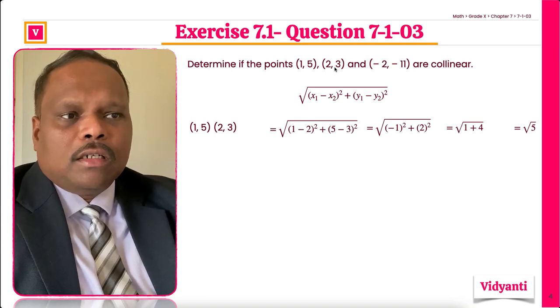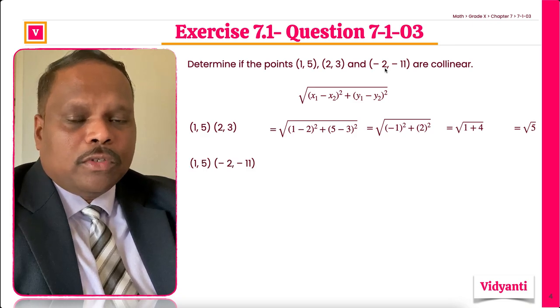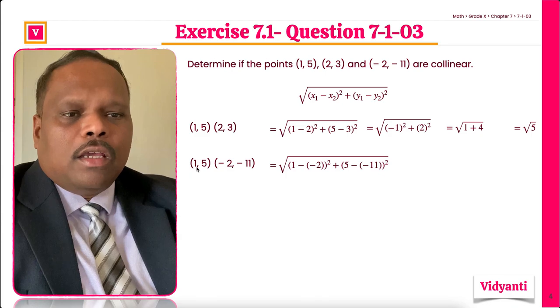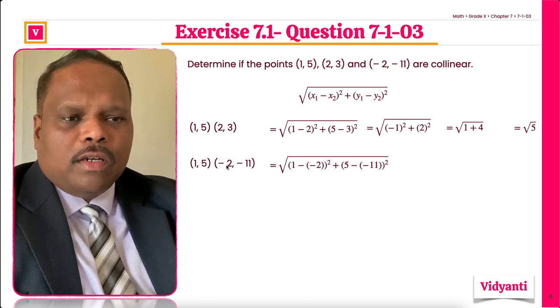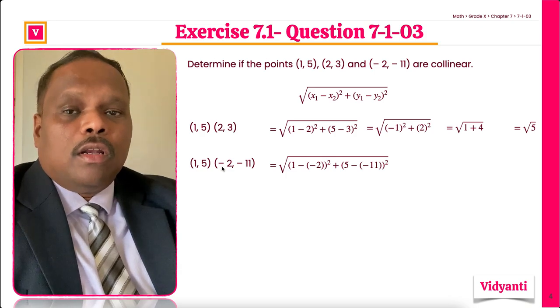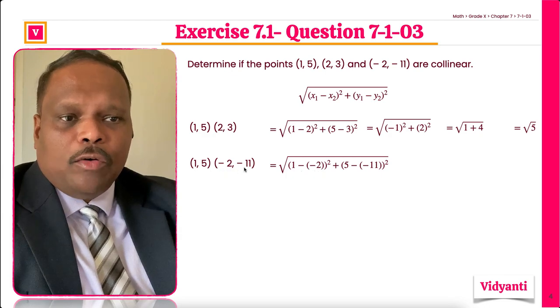Now I can take the second and third point, that combination, and I'm going to use the same technique, calculating the distance using the distance formula. Here, this is x1, y1, x2, y2. So it will be 1 minus of minus 2, and then 5 minus of minus 11. Here you have to be careful because we have negative coordinates.